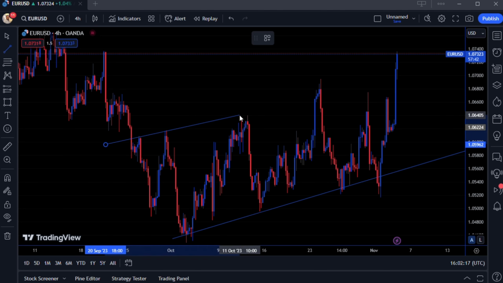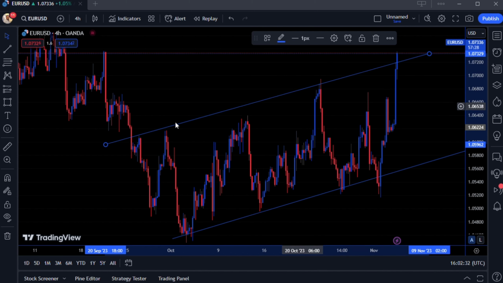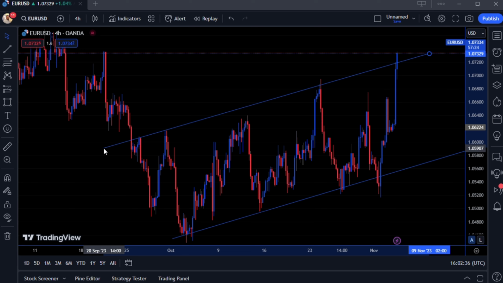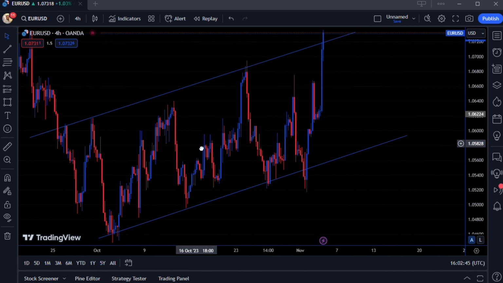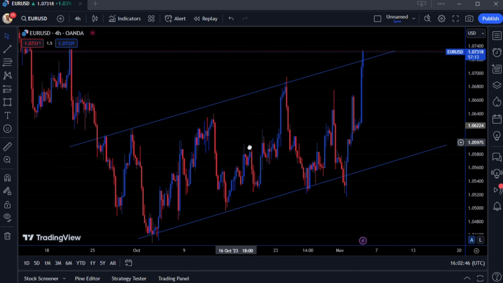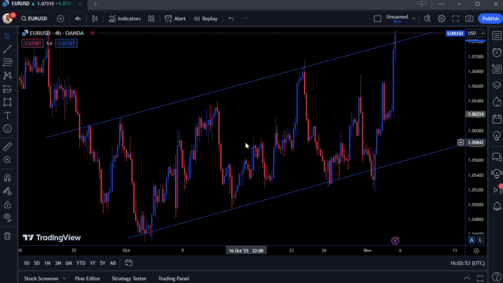Let's draw our second line at the upper zone. If you notice, now it's easier for you to understand the market better. That's why it is important to look out for support levels in the market and to draw them accurately.